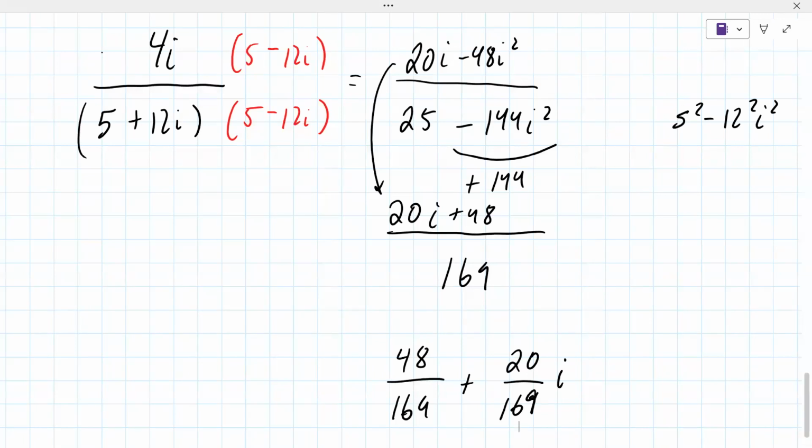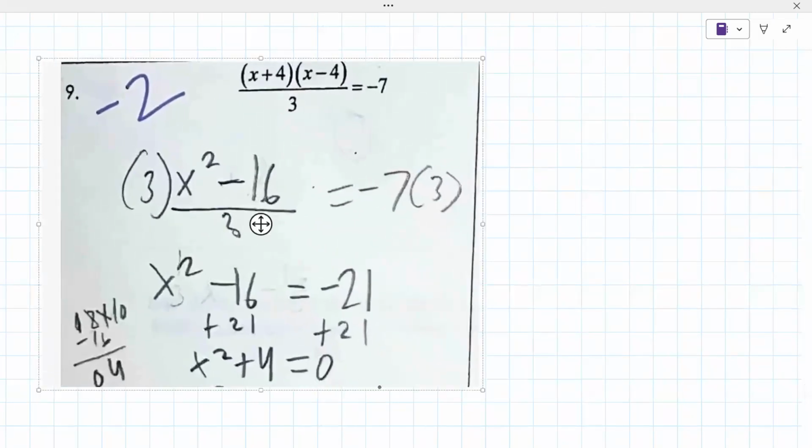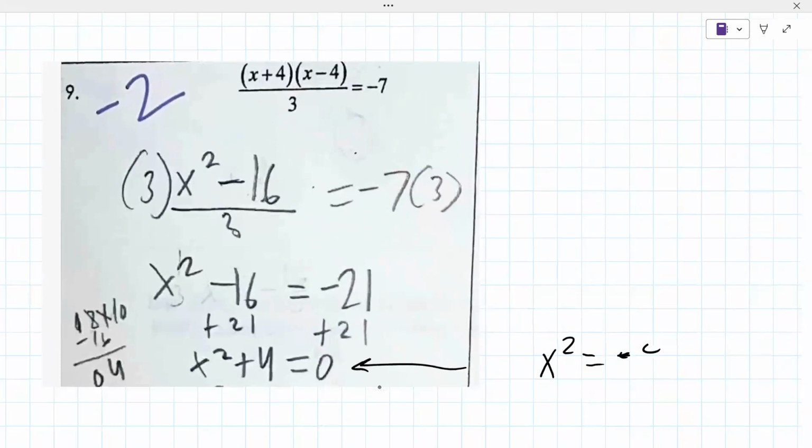I'm looking it over. You multiply by 3. All right. Yeah, so you cannot factor a sum of squares. This line is fine. Sorry, the one below it is fine, but if you move the 4 over and get x squared equals negative 4, when you take the square root of that, you get two complex roots.